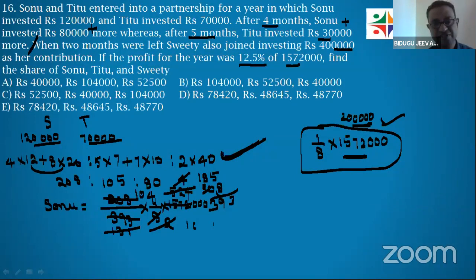That means 1,04,000 rupees, the choice available in B. I don't want to do the rest of the things. If this appears in another choice, then I'll go for calculating T2's share.